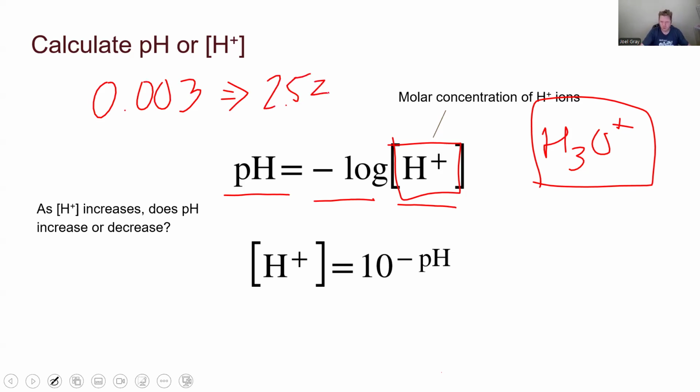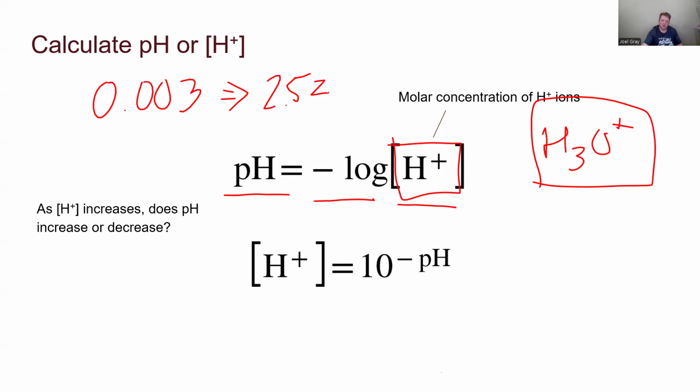Okay, now what I'm going to do is clear all this, and say that the hydrogen ion concentration increased. So I'm going to go with 0.006. Okay, so that's doubled. I've doubled my hydrogen ion concentration.